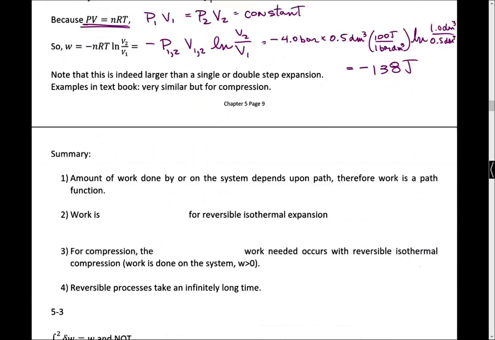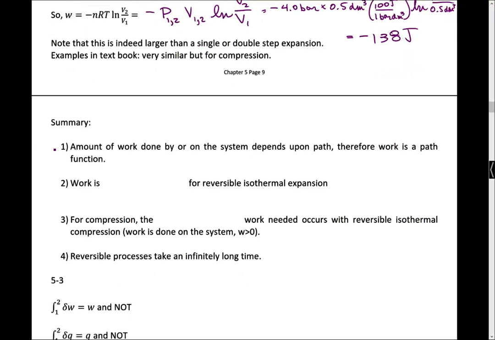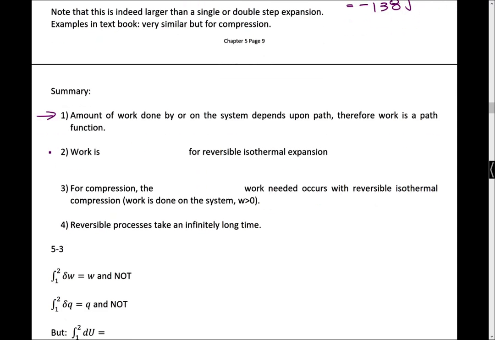Okay, so let's summarize some things that we've talked about. Work is a path function. How we choose to do our expansions and compressions determines how much work we have to put in or we have as output. When we're talking about an expansion, work is maximized if we do it reversibly.